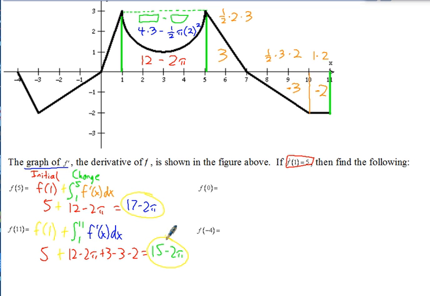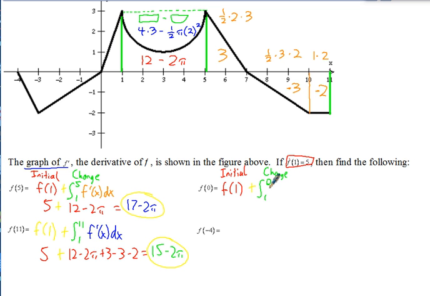All right, now let's take a look at f of 0. So f of 0, again, we can use the same initial, f of 1, plus the change, this time would be integral from 1 to 0. Oops.